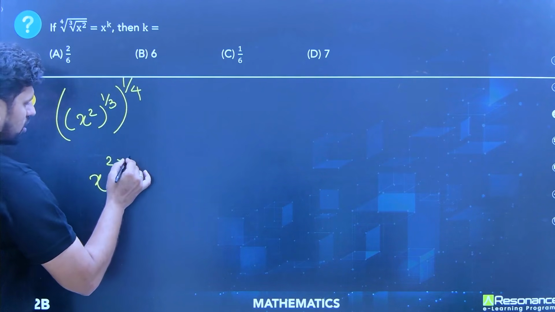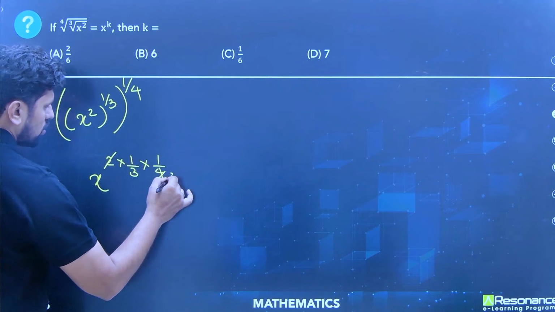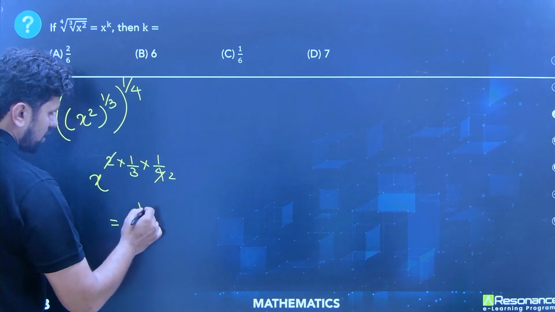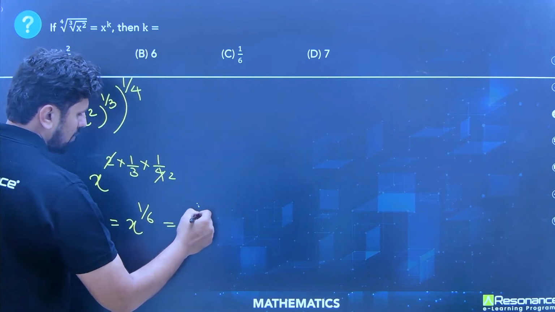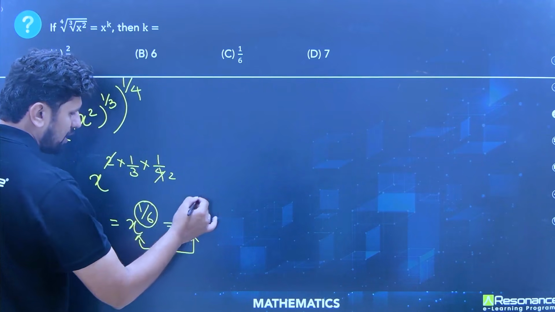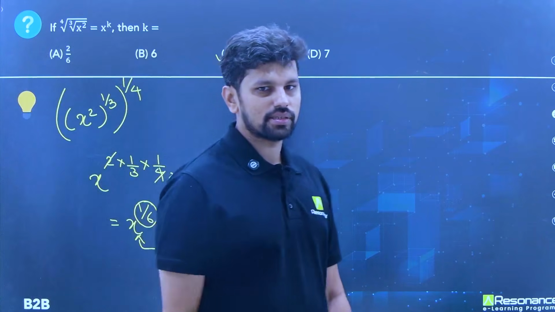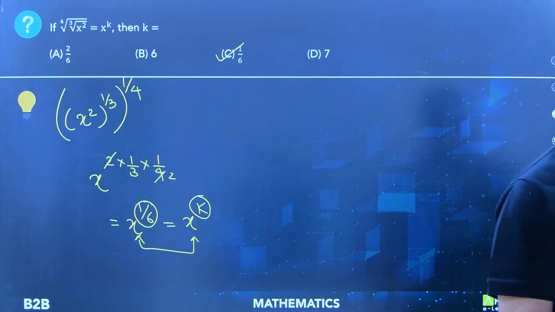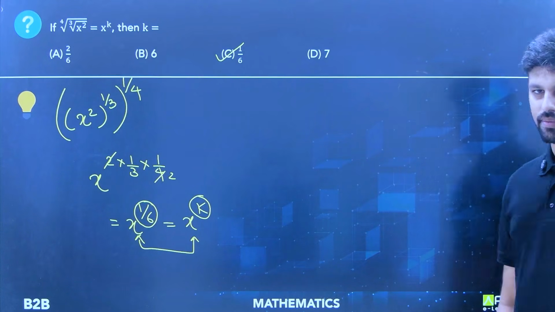So 2 into 1 by 3 into 1 by 4. So we got x to the power 1 by 6. So x to the power k. Since base are same, power will be same. So k equal to what? 1 by 6. That's absolutely correct. Option C.